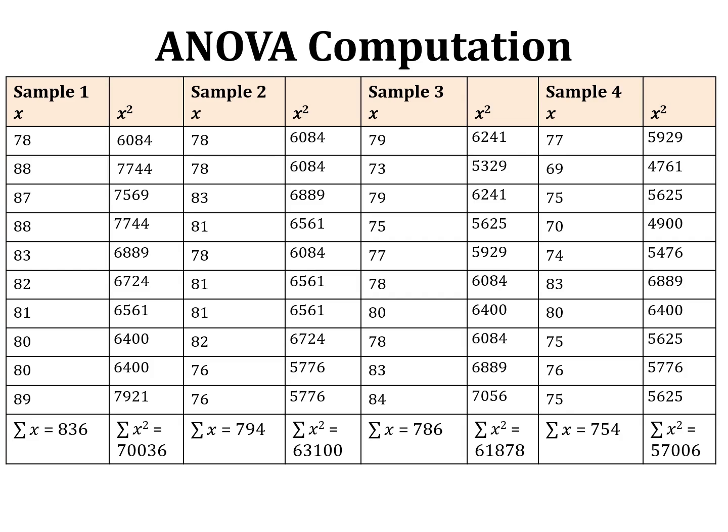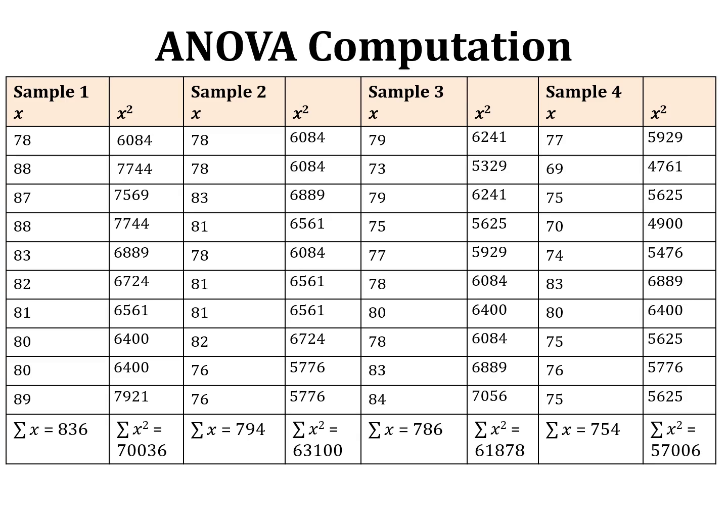Here we have the table by which we can calculate our descriptive statistics. You can see that we have calculated the values of summation x and summation x square. Summation x is the sum of all the individual observations in a sample. Like in the first column we have 78 plus 88 plus 87 and so on, and the summation x is 836.